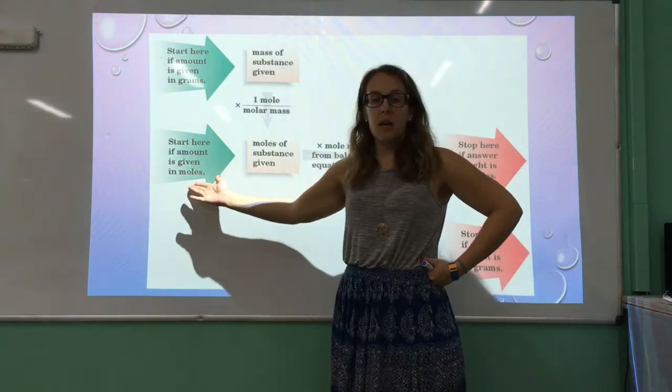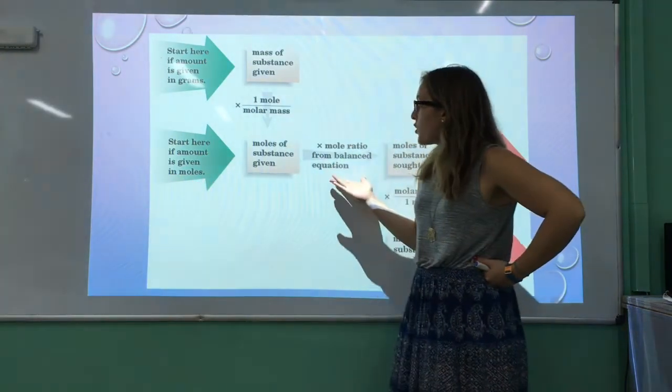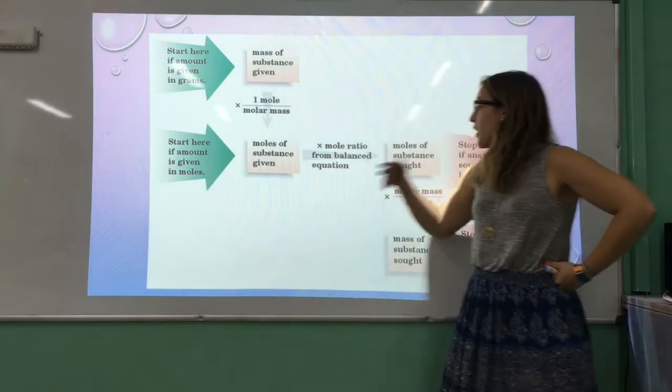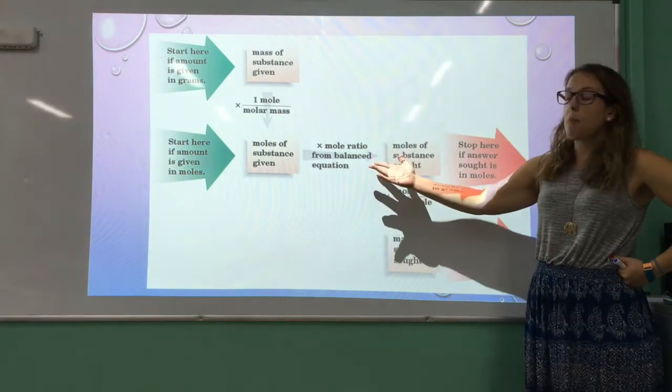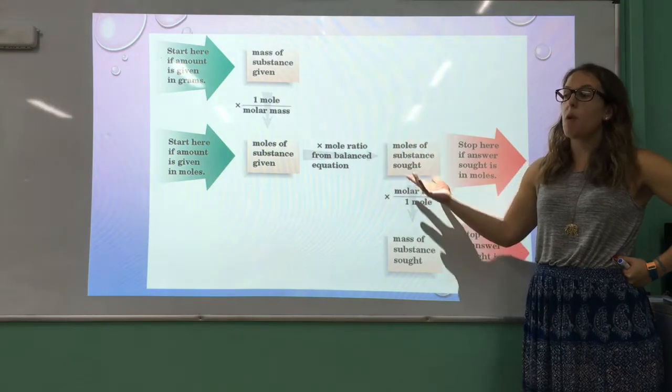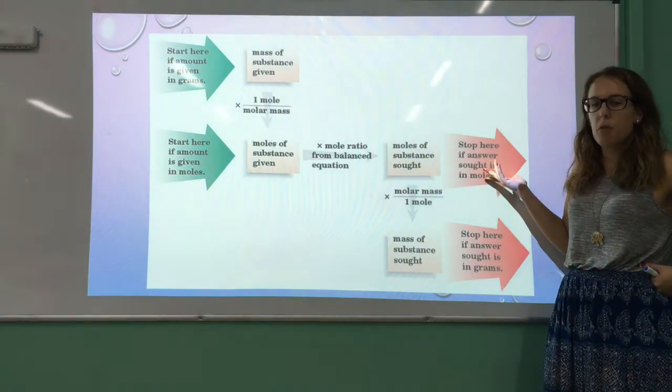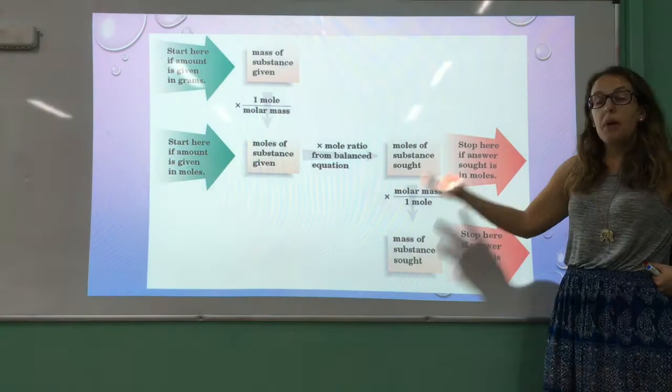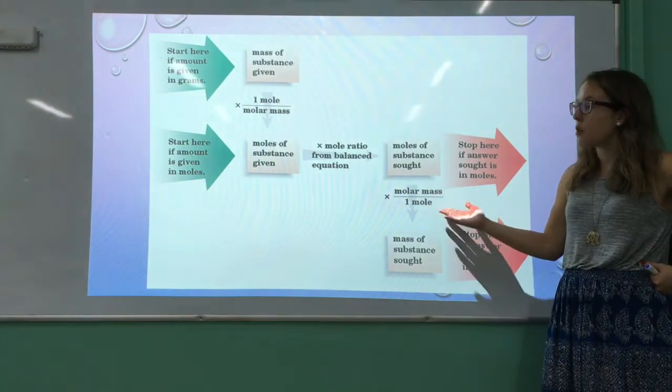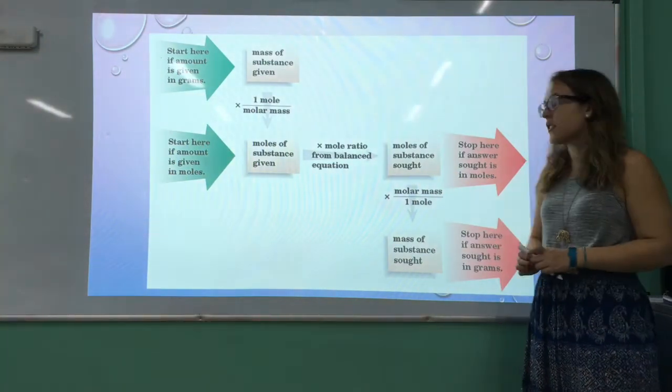But if you are given the amount in moles, you can go straight to the mole-to-mole ratio. Once you do that and get moles, if you are only asked for moles, you can stop here. But if you are asked for grams, you have to keep going and use the molar mass.